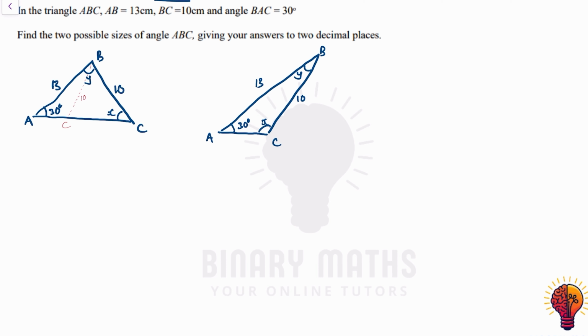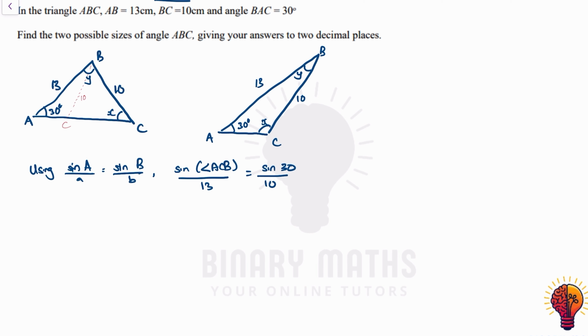So first of all, I need to use the sine rule. Using sine A over a is equal to sine B over b, I get sine of angle ACB over 13 is equal to sine of 30 over 10.